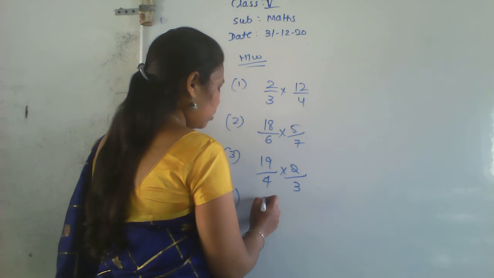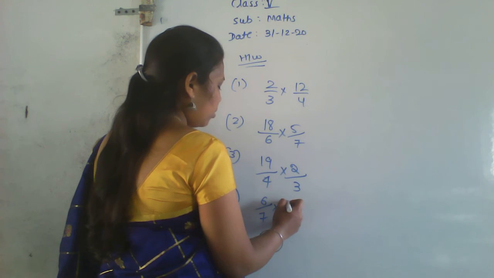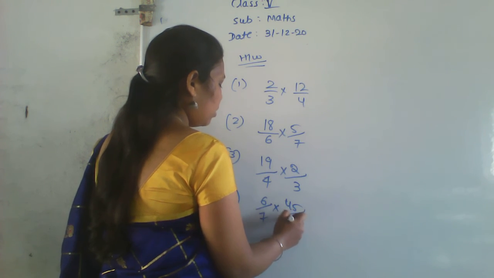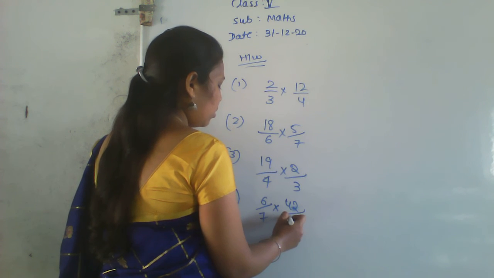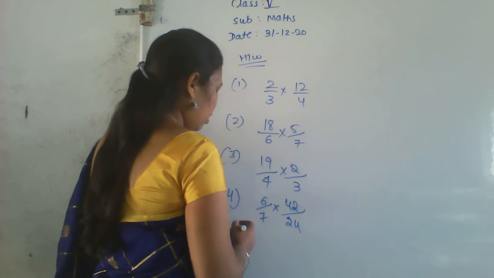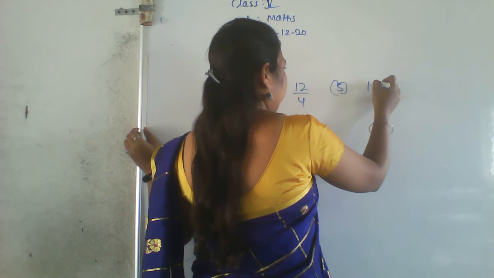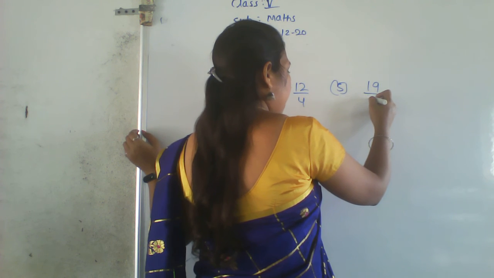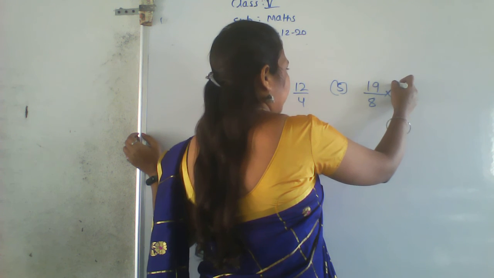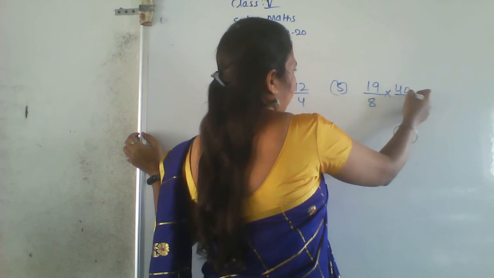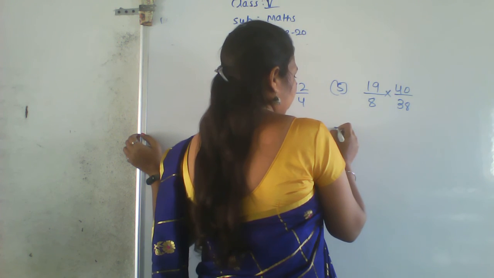Fourth one, 6 by 7 into 42 by 24. Fifth one, 19 by 8 into 40 by 38.